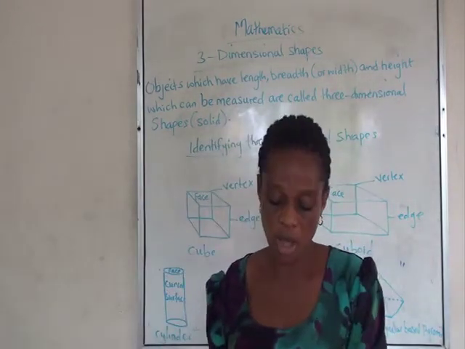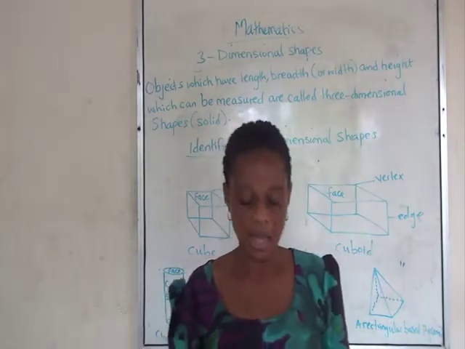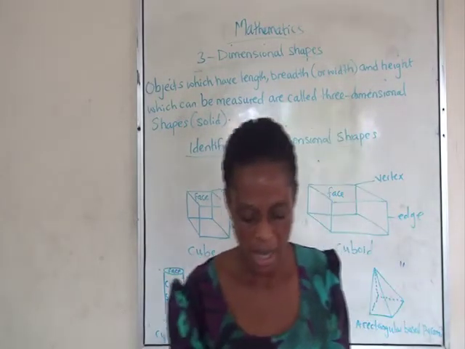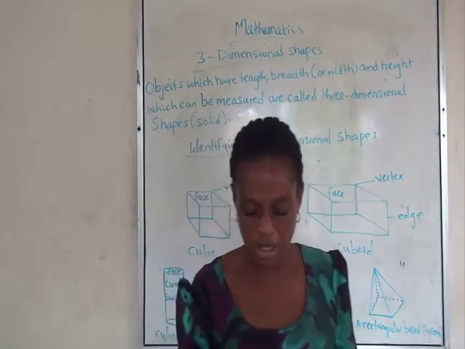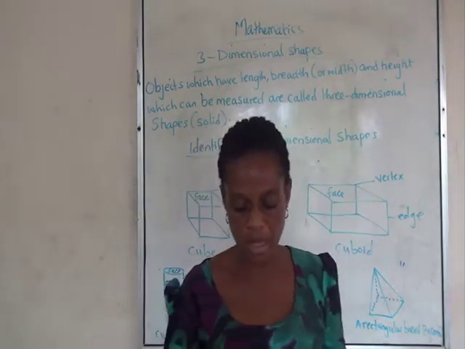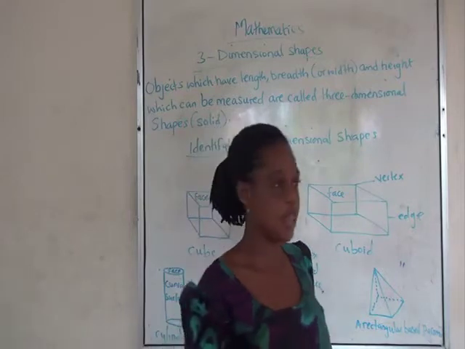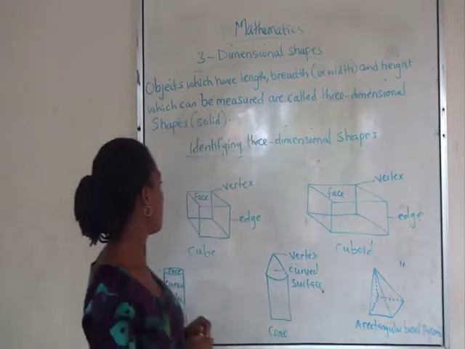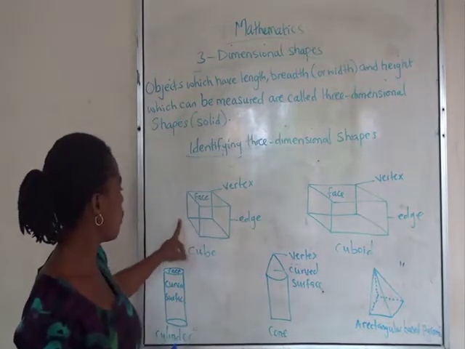We want to talk about properties of three-dimensional shapes. The outer view of a solid is known as its surface, and where two lines meet is called the vertex. This is a cube.